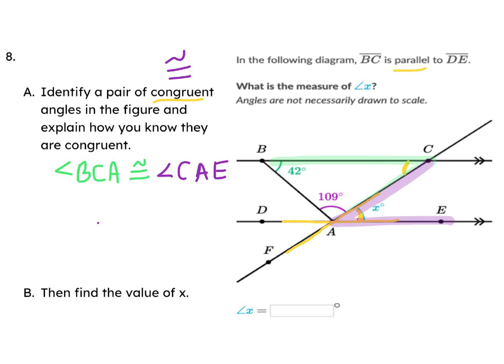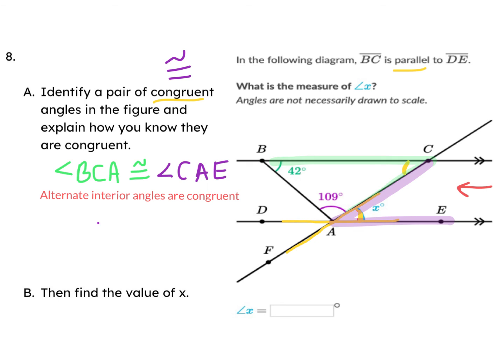So BCA is congruent to CAE. And how did I know? I could say I used tracing paper and I rotated the angles and they matched up. I also noticed that they are inside the parallel lines and they're alternate interior angles. So I'm going to use that reason. Okay, so alternate interior angles are congruent.